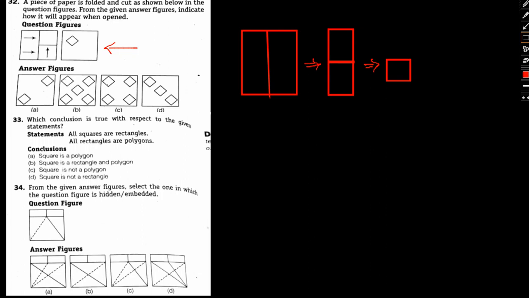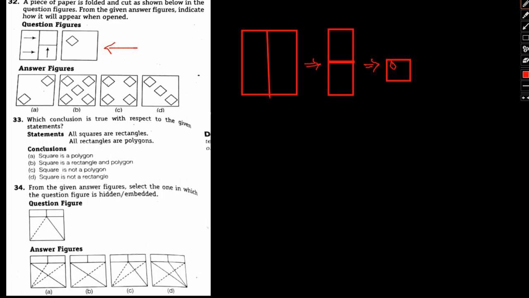Here it has all the folds, and having done that, a hole has been made on this particular end. Okay, there's a hole made here somewhere. So what will we have?